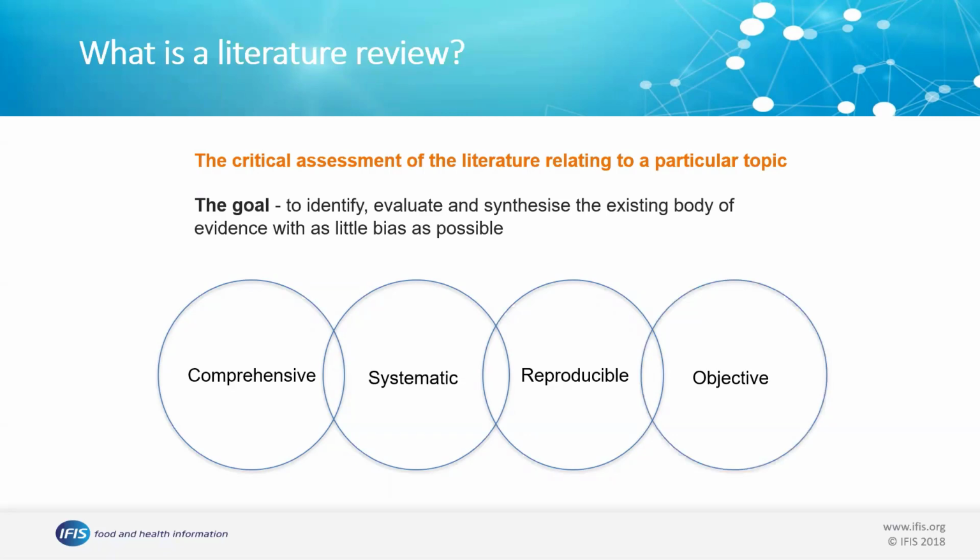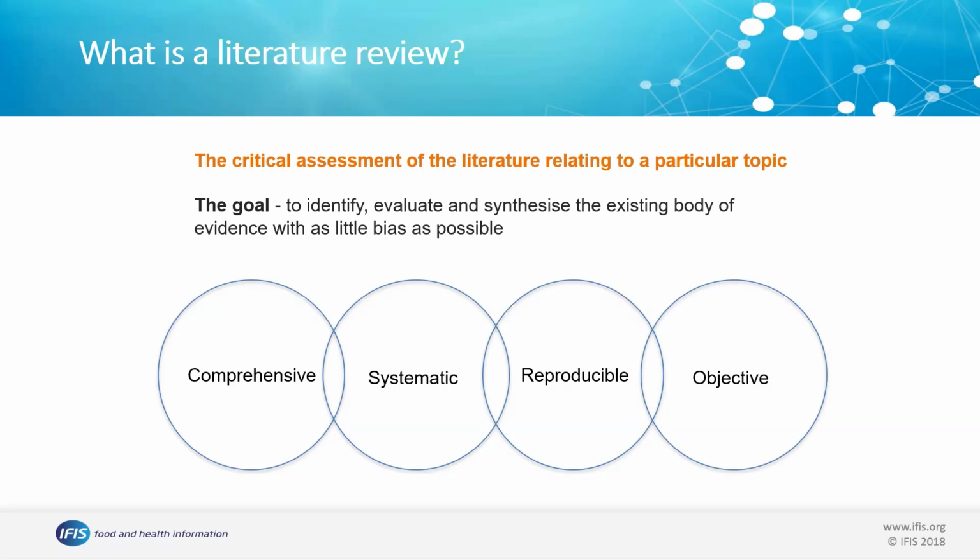And then finally, it should be objective. All of these different elements build upon each other, and especially the objective characteristic hinges upon the first two, that your search is comprehensive and systematic.